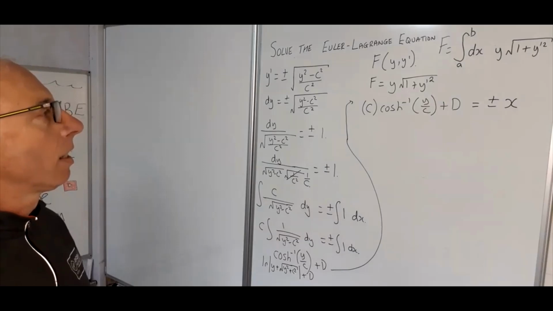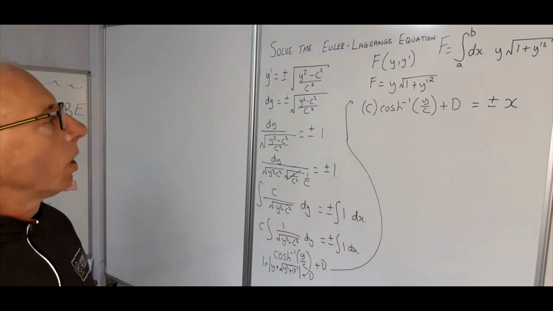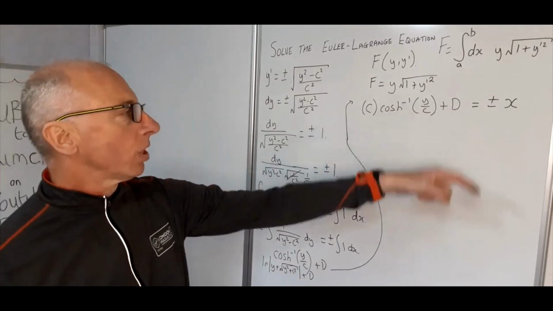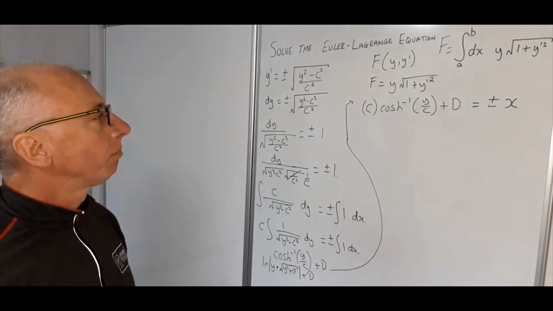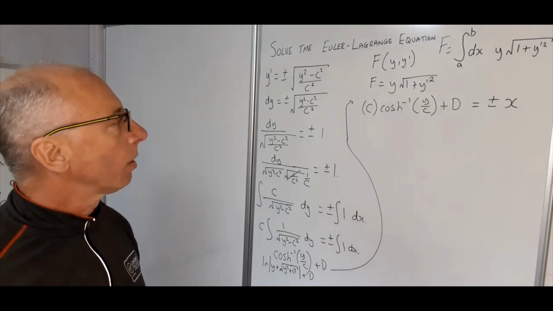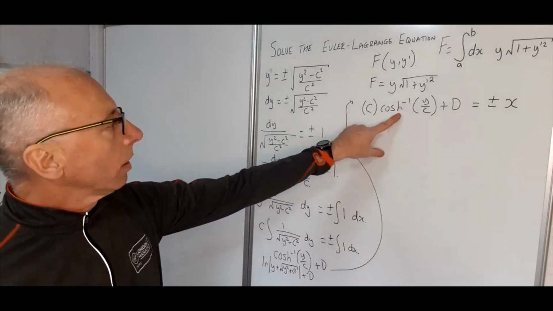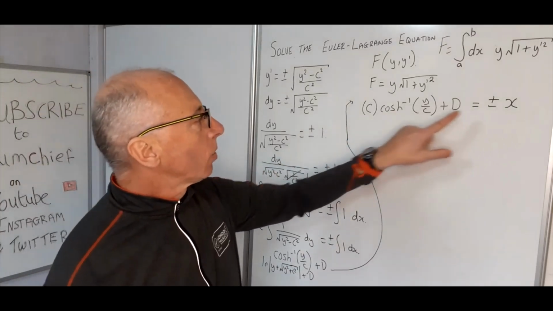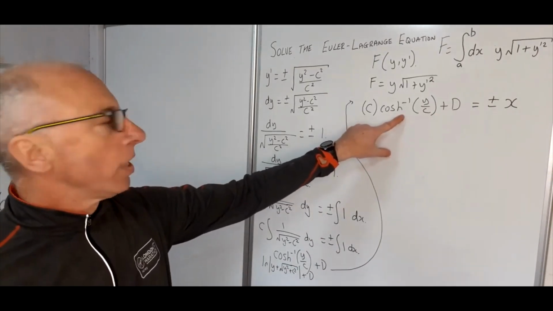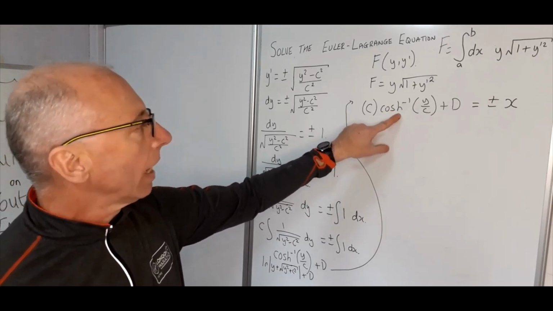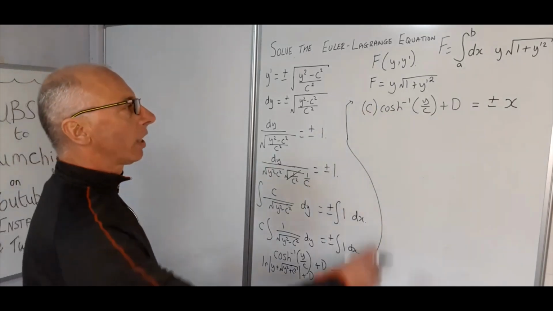And we don't need to put a constant multiple on this side, we've taken care of it on this side. Okay, so now we're in a little bit of a mess here because the y is inside this inverse cosh symbol. So how can we get rid of that? Well, if we take the cosh of both sides, we can get rid of this inverse cosh, because that will then cancel out as they're inverses of each other.